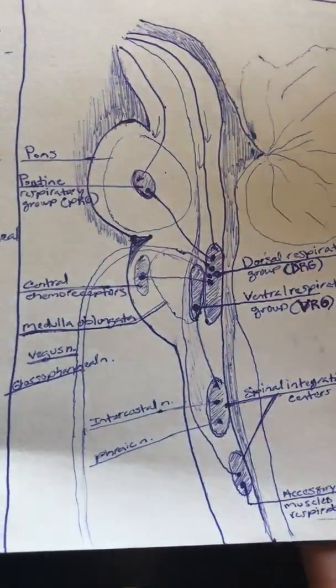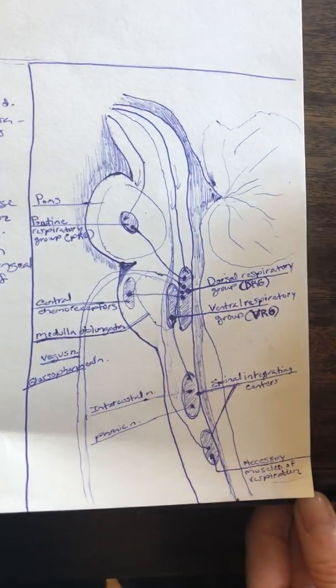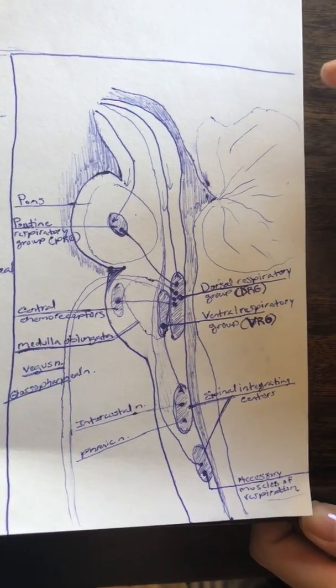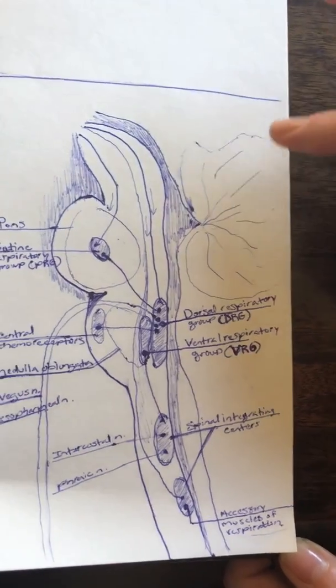So this whole area is very, very important in the brainstem and in keeping a healthy breathing pattern.